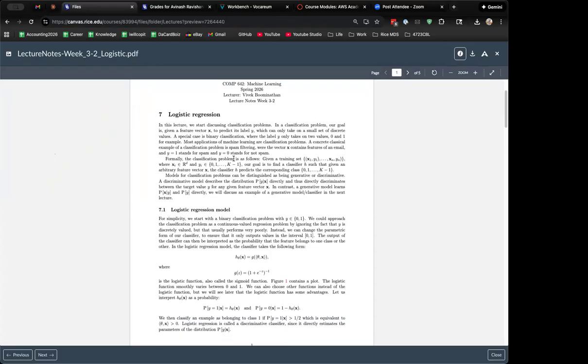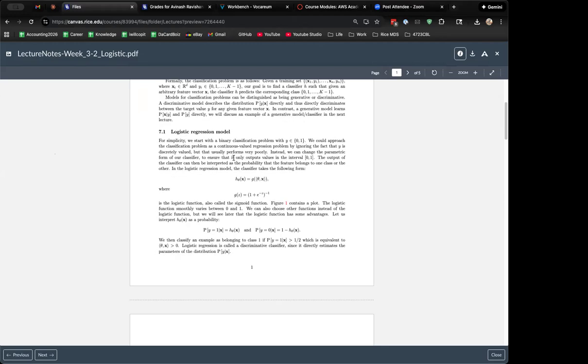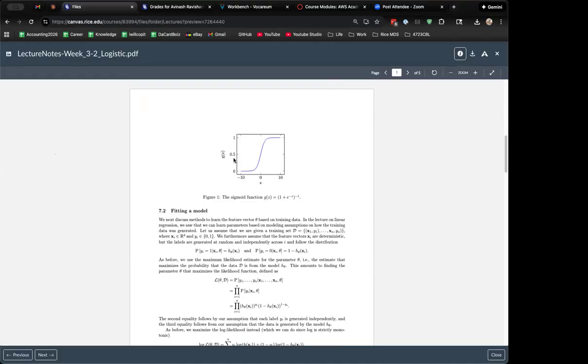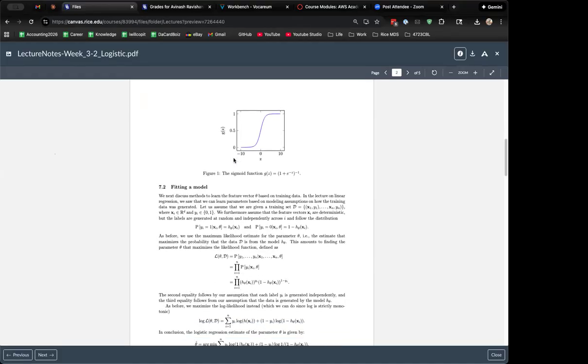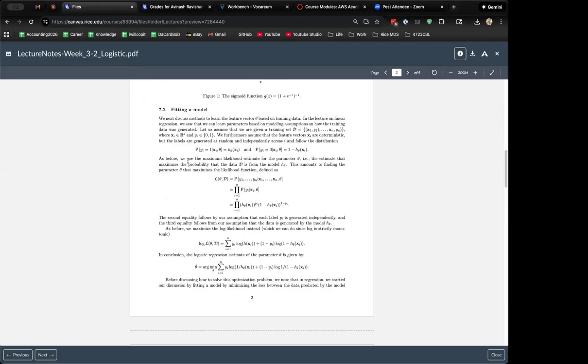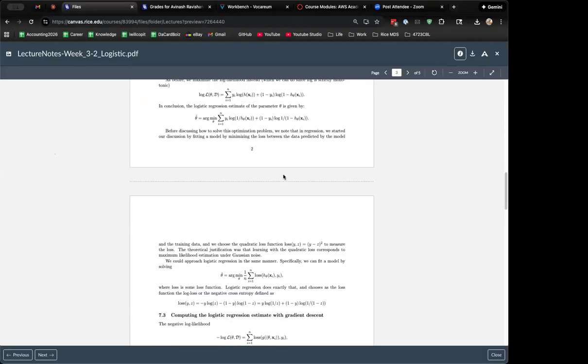So let's see. This is good. Scroll down. Next page. Keep scrolling. Fitting a model is good. You do the log likelihood. This is the binomial stuff. Scroll down. This is just binomial.